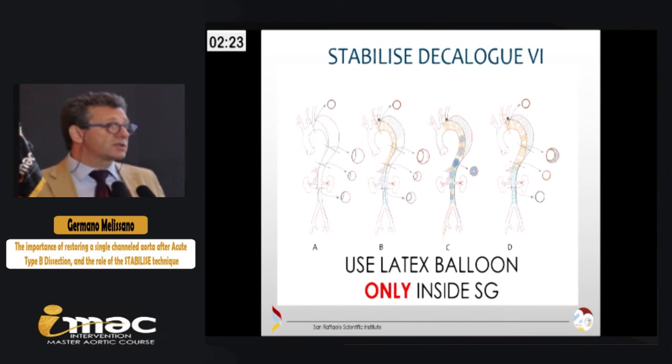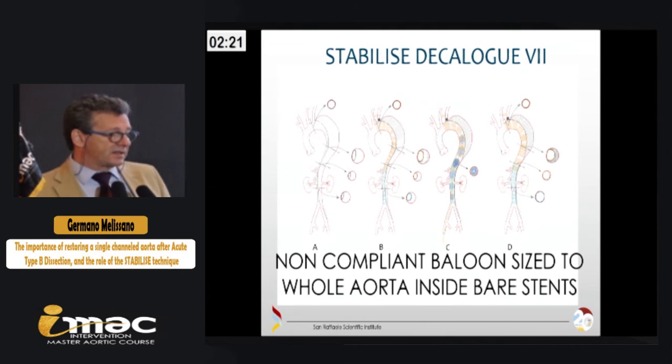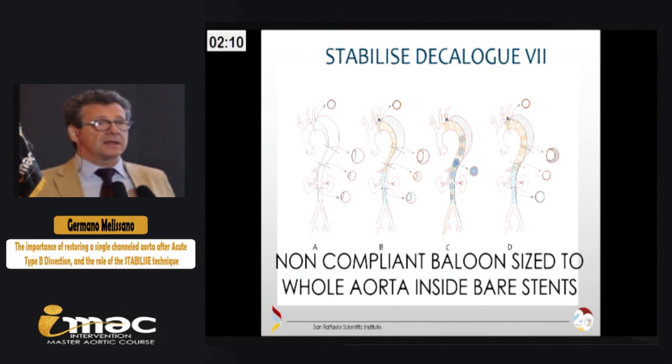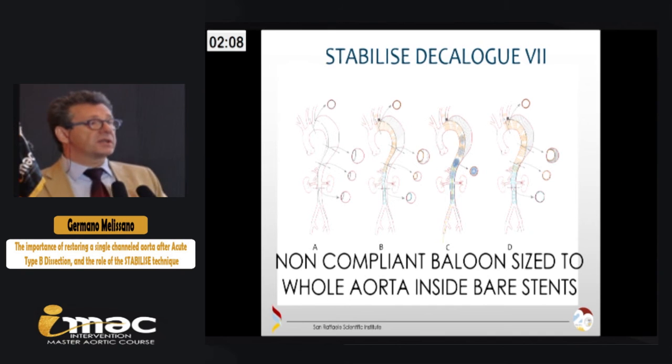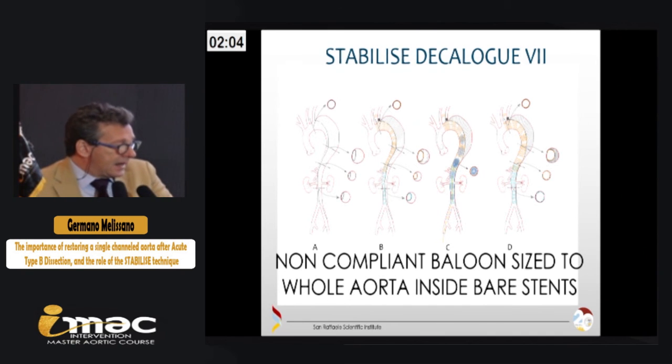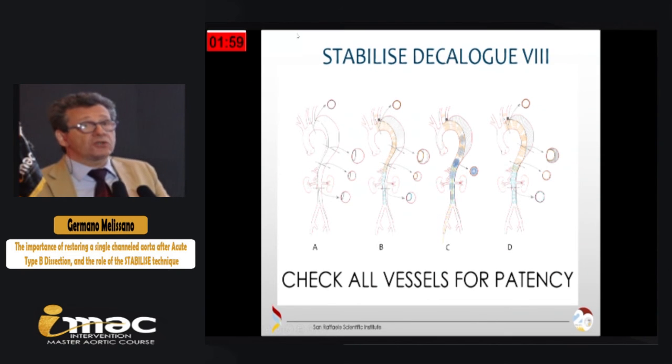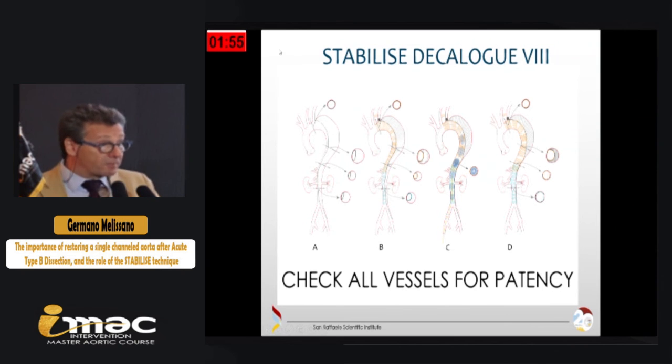But never use the latex balloon in the bare stents. In the bare stents we want to use non-compliant balloons such as valvuloplasty balloons or venoplasty balloons, and their diameter should not exceed the whole diameter of the aorta. So this is the most important safety precaution. And after the procedure, all the important vessels should be checked for patency, especially the splanchnic, the renals.